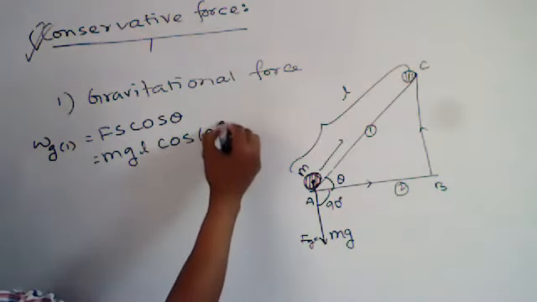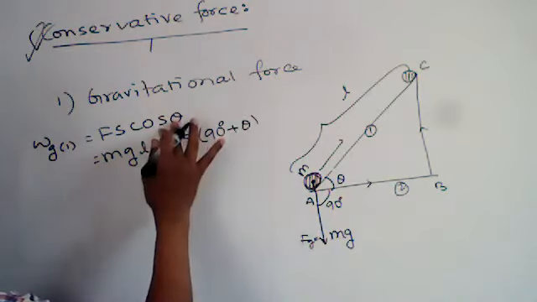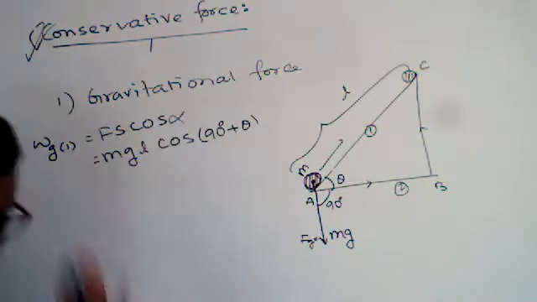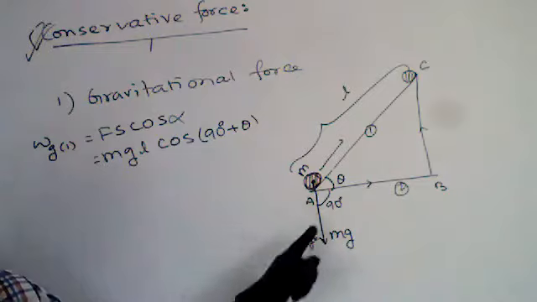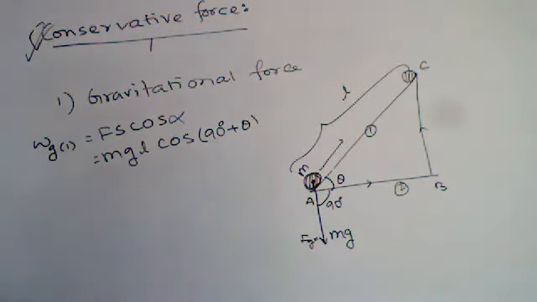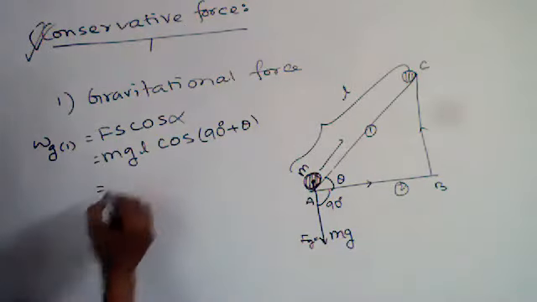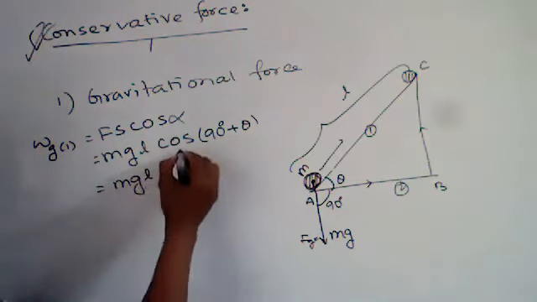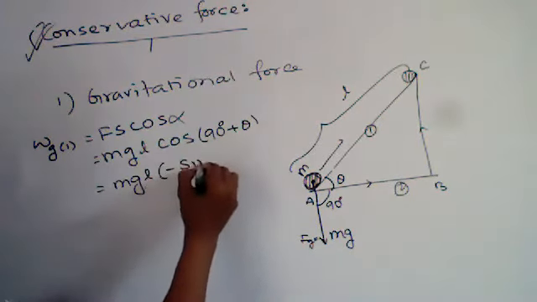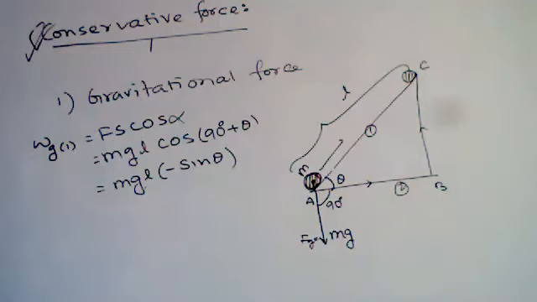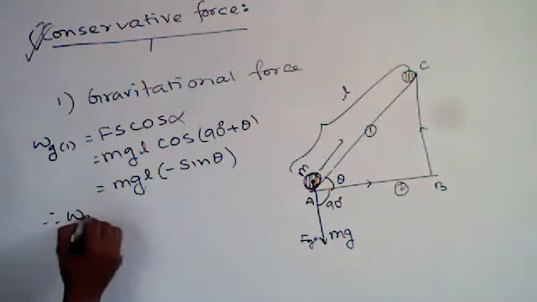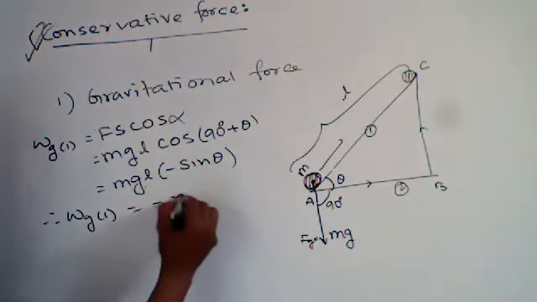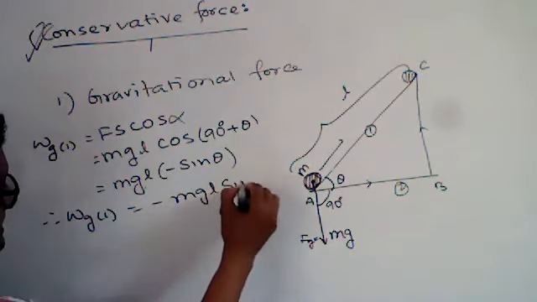Suppose it is alpha. So alpha equals 90 degrees plus theta. So mgL cos alpha becomes minus sine theta.